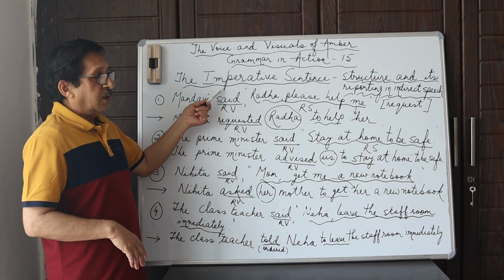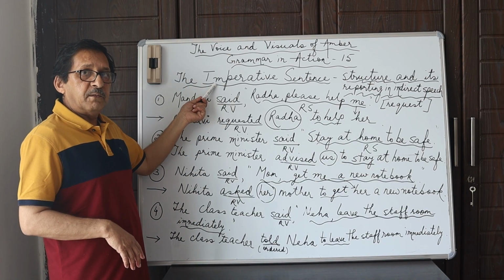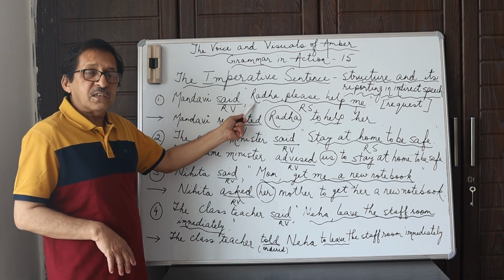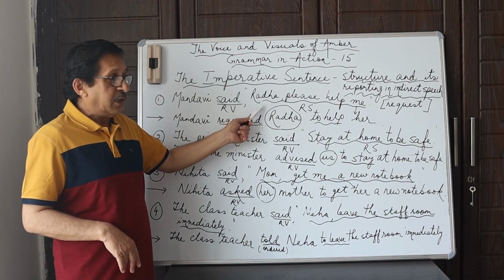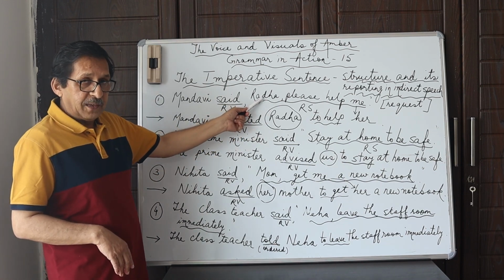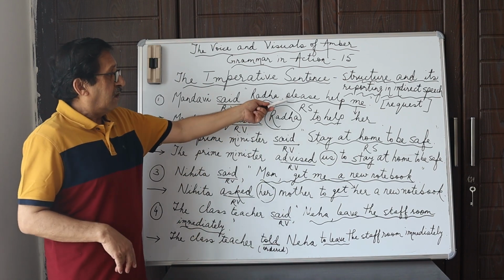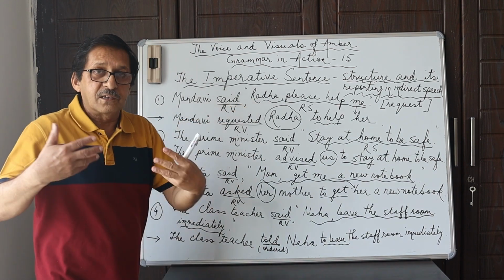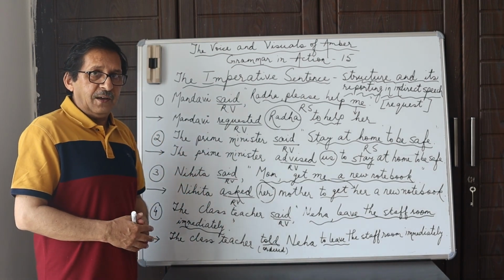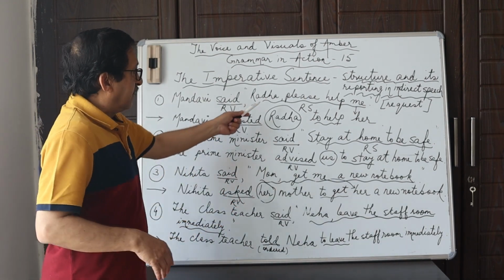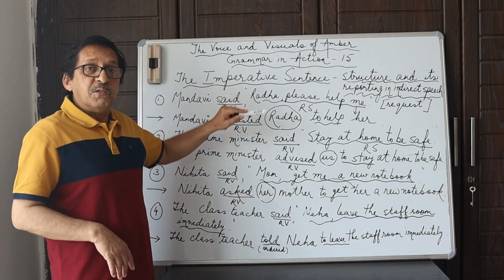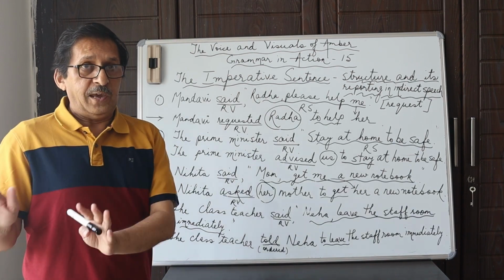So I'm sure now you've understood the structure of the imperative sentence. "You" is the subject which is not stated. I had told you that. So when Mandavi tells Radha something, she would not use the word "you" because she is maintaining eye contact with Radha, or her body language will make it very clear to Radha that Mandavi is actually requesting Radha to help her.